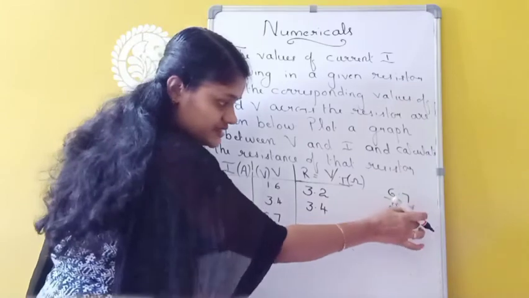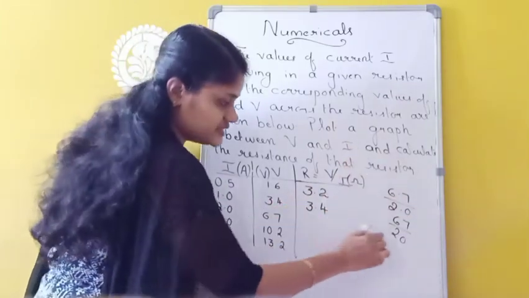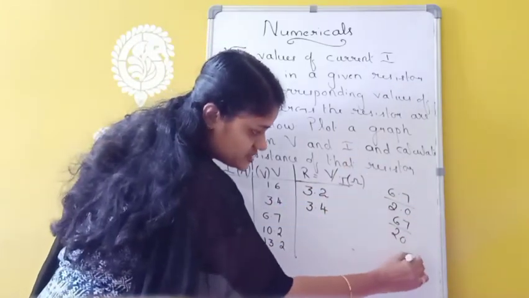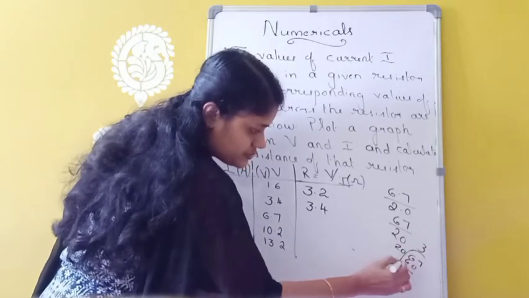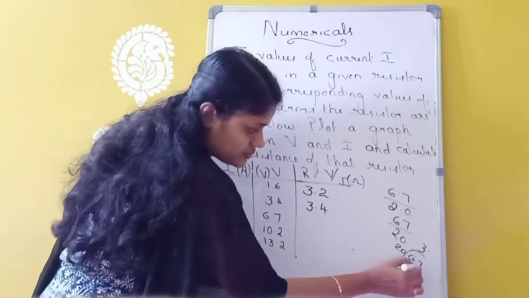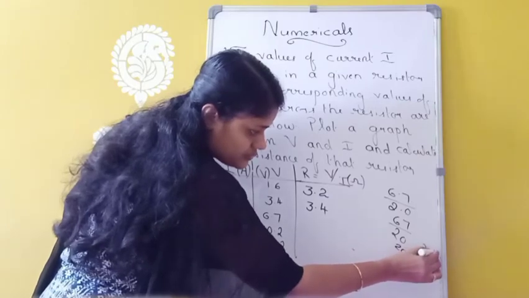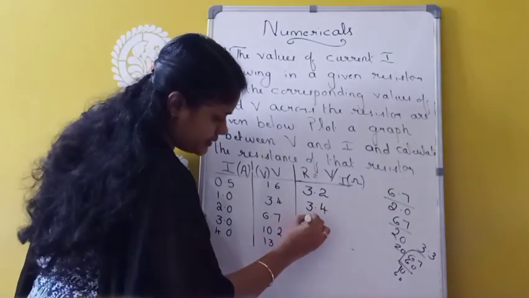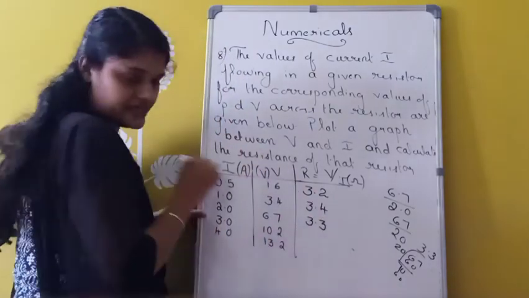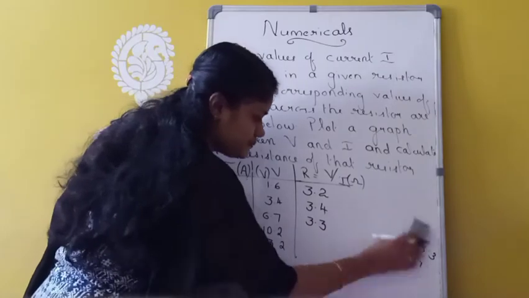So we can multiply as well as divide by 10. So they will be cancelling each other. Then dividing means you will be getting 3.3. So third value is 3.3.